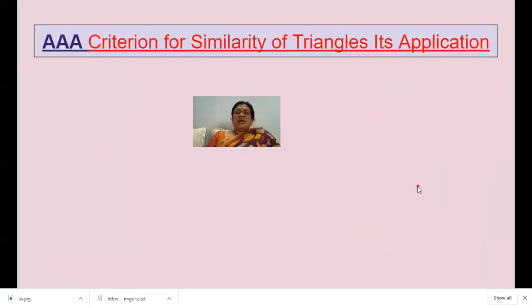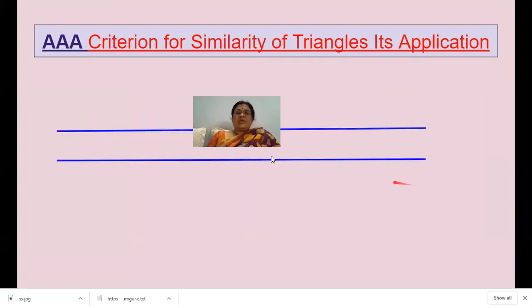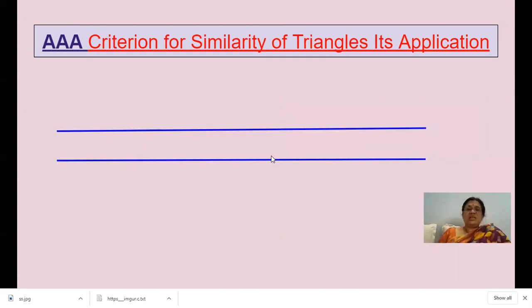Next, this is the application of the angle criterion. How do we apply this criterion in our daily life or for solving problems? Let us see. These two are parallel lines and these two are the transversals.